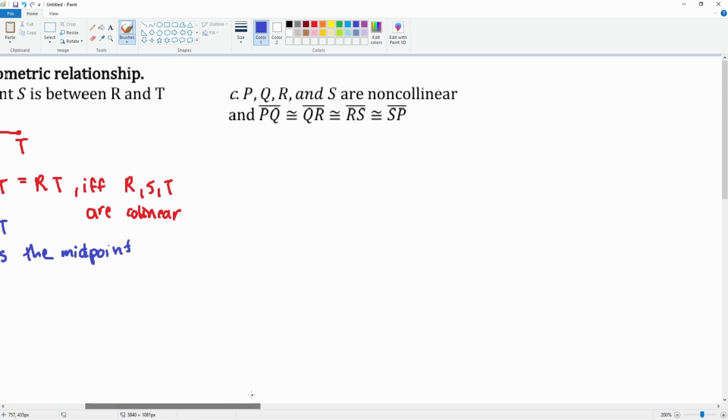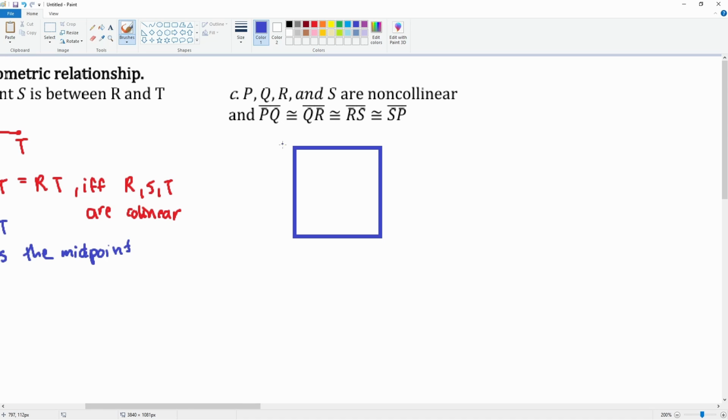Next one, P, Q, R, S are all non-collinear, and PQ is congruent to QR, which is congruent to RS, which is congruent to SP. Okay, here's the shape. You can label it here as the corners of the vertex.